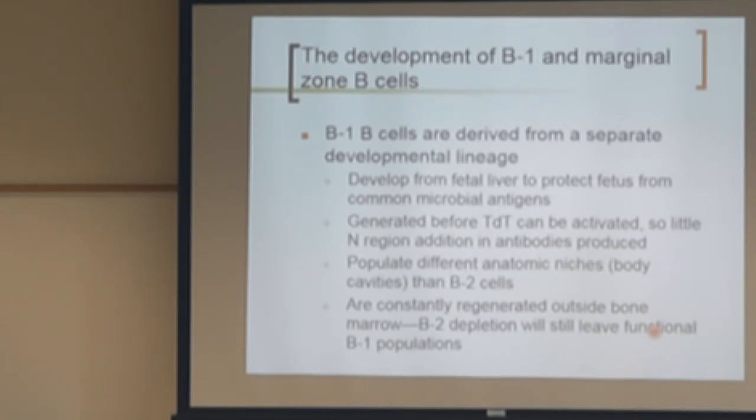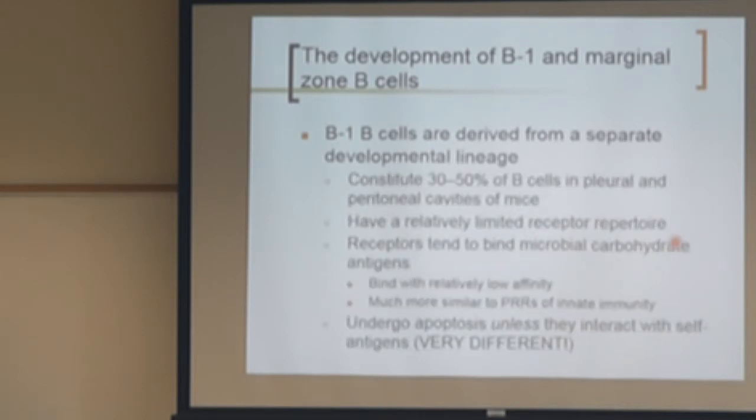And this is just reviewing what B1s are, why we have B1s, and why they have less diversity. For one thing, they're not expressing TdT, so you have no N region addition, so you don't have as much diversity, and these are more specific to particular antigens. 30 to 50% of the B cells in the pleural and peritoneal cavities are these cells.